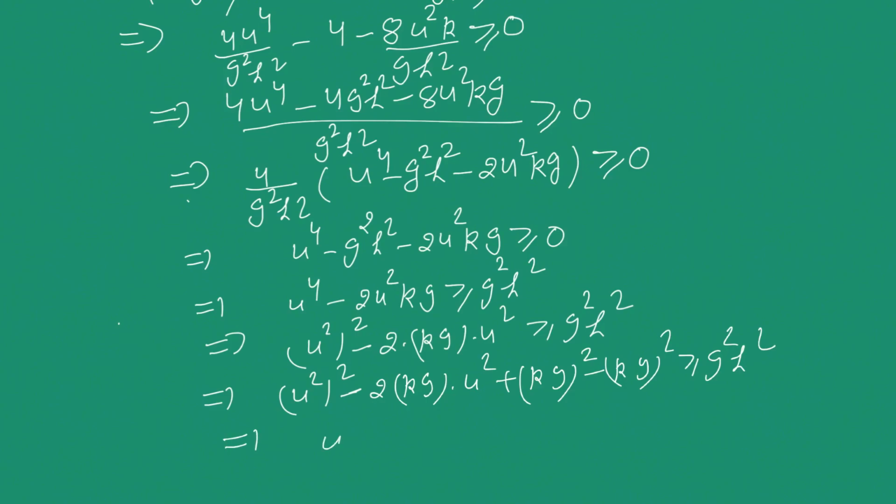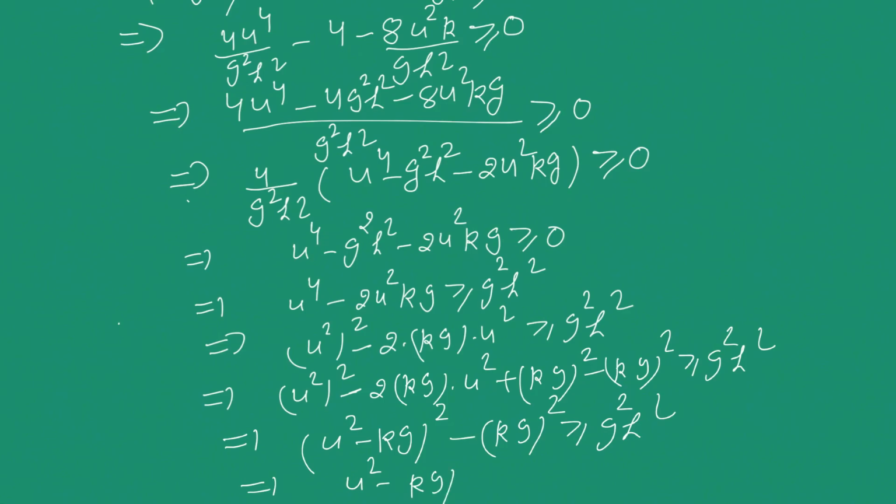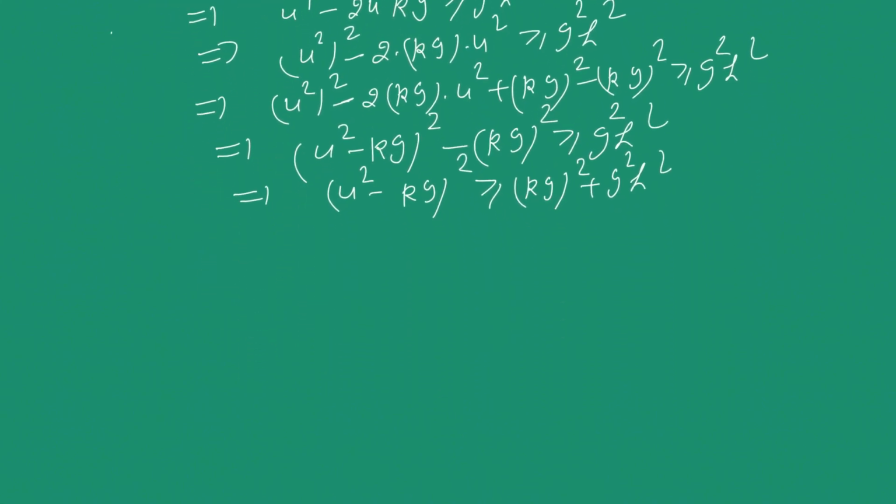This implies that (u square minus kg) whole square minus (kg) square is greater than or equal to g square h square. This implies that (u square minus kg) whole square is greater than or equal to (kg) square plus g square h square.